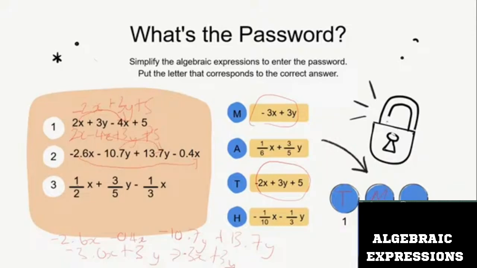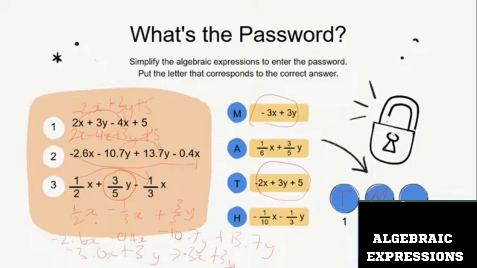And then the last one, 1 over 2x plus 3 over 5y minus 1 over 3x. So this one is the odd one out. So we're only going to work with these two terms in x. So it will be half x minus a third of x, then plus 3 over 5y.